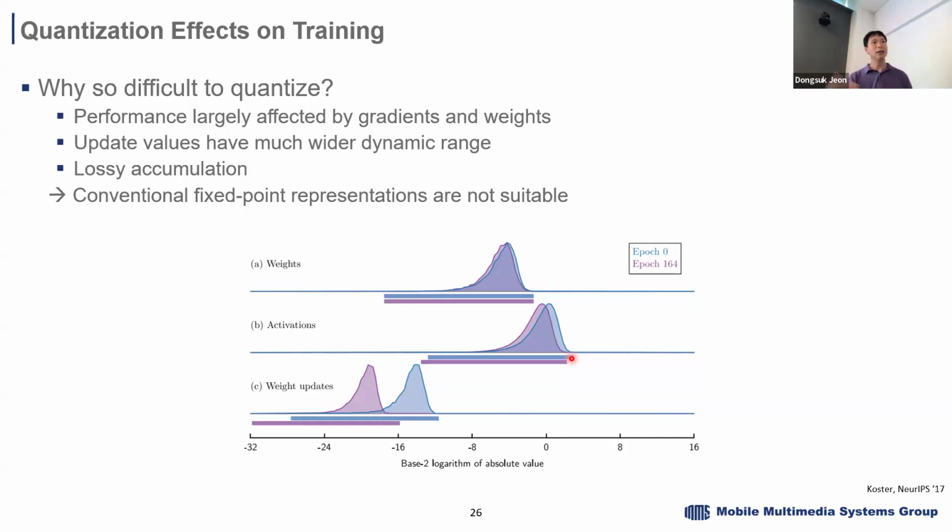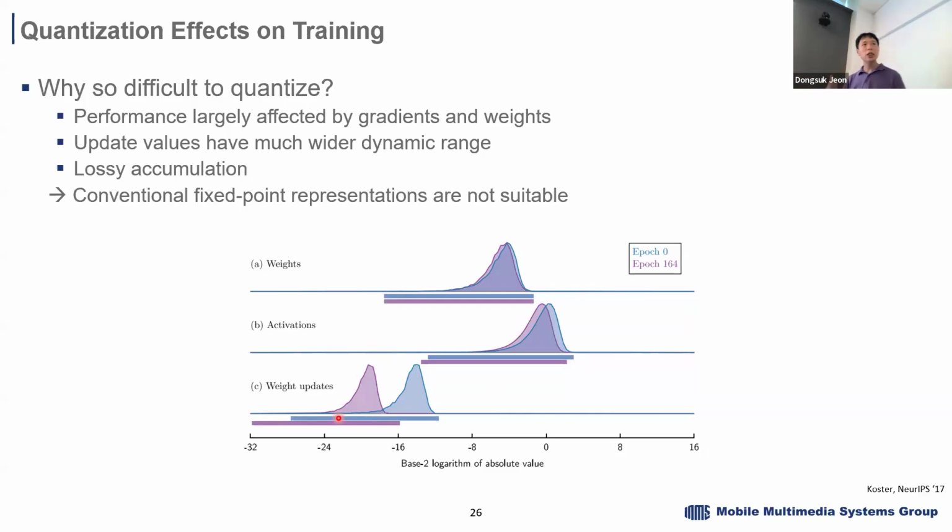However, in the later stage of training, the neural network has already been trained pretty well, so even if you provide a new training sample, the amount of update is usually much smaller. That's the trend we are looking at in this graph. In epoch 0, the weight update is much larger, but in epoch 164, it becomes much smaller.